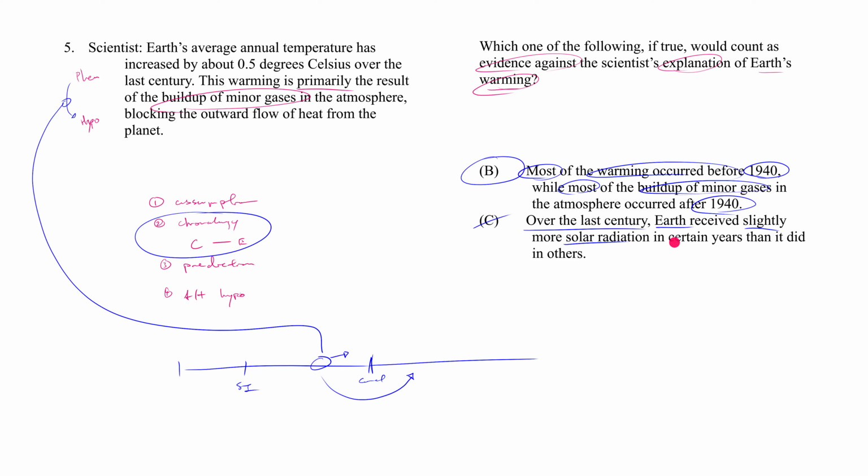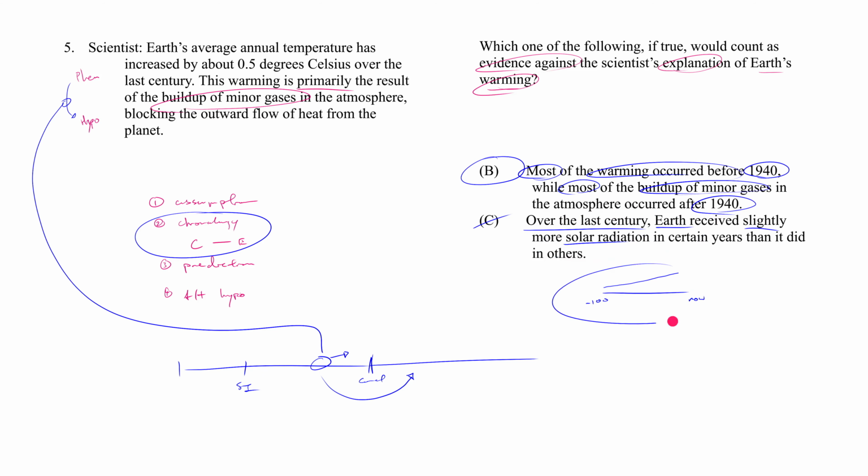Now, the crucial point, again, is that what C needed to say, or the version that C was baiting you into thinking, was that, look, from 100 years ago to now, over the last century, the amount of solar radiation Earth received increased progressively. That's what C is baiting you to think.